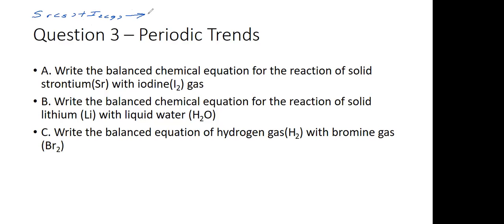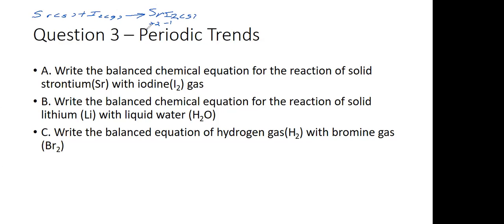And so for this to be balanced, it would be SrI2, and it would be a solid. Because iodine wants to be -1, strontium wants to be +2. So I need 2 iodine for every 1 strontium to be a neutral compound, right?